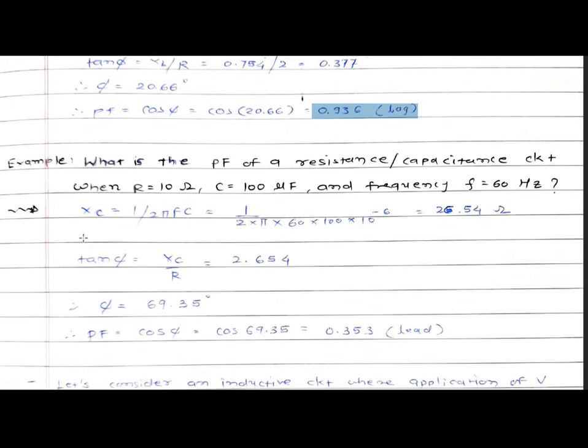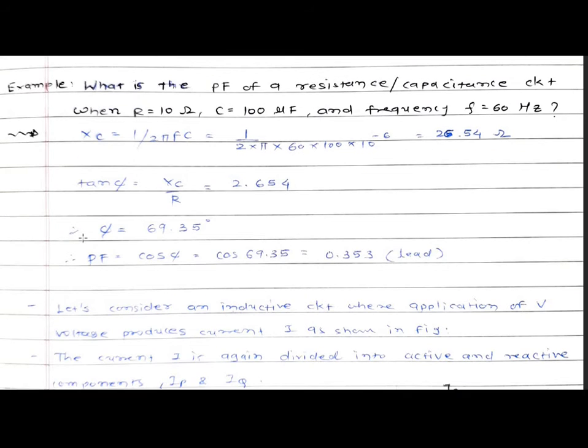Now the next example: what is the power factor of a resistance-capacitance circuit when R is equal to 10 ohms, C is equal to 100 microfarad, and the frequency F is equal to 60 hertz? We know the equation of capacitive reactance: Xc is equal to 1 upon 2 pi FC.